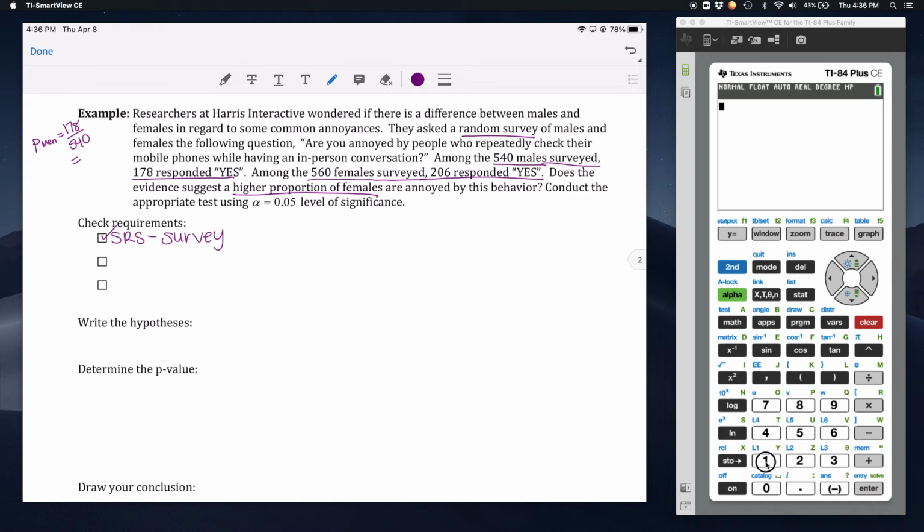178 divided by 540, and we get, let's use 2 decimal places, 0.33. Okay, so here if I do my 540 times p, which is 0.33, times 1 minus 0.33, we want to double check that that value is greater than or equal to 10.